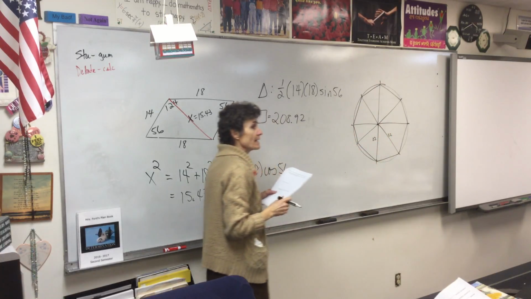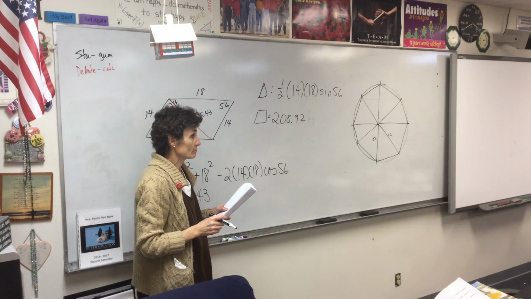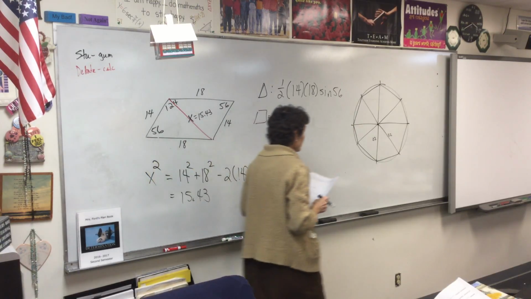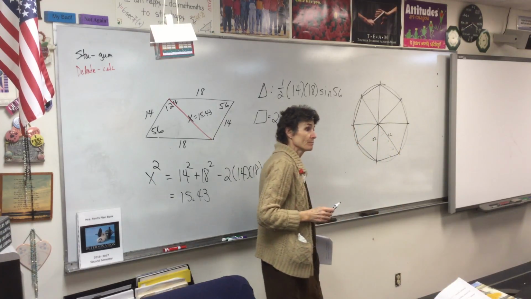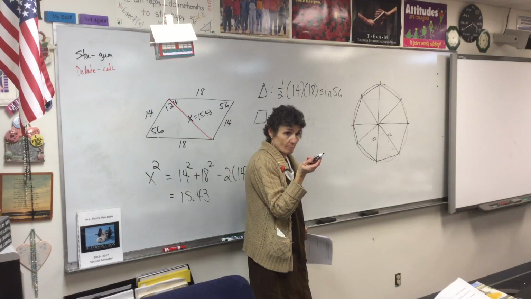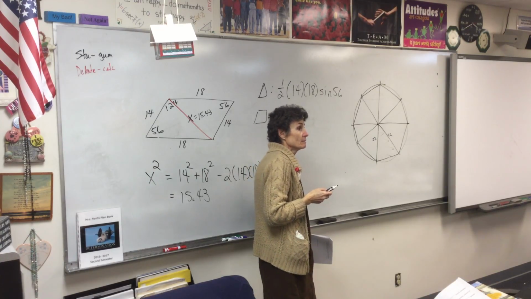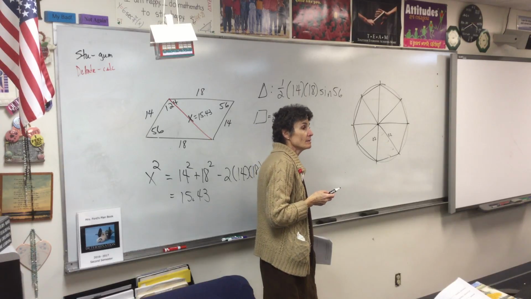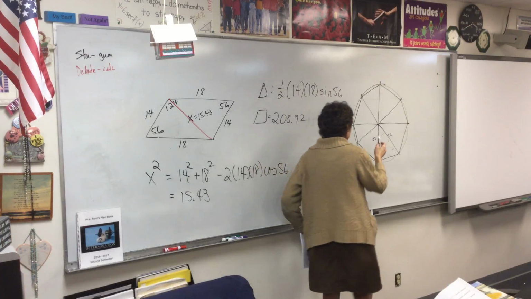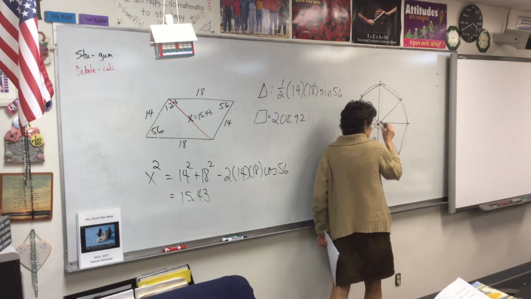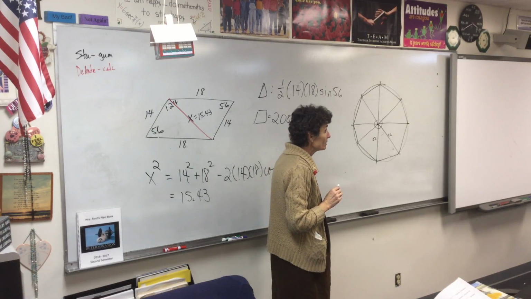And that would create 8 little triangles. So what I'm going to try to focus on is finding the area of one of them, and if I can find the area of one of them, then multiply by 8. Okay, so do you have any thoughts on that? I know all these angles add up to 360. There's 8 of them.